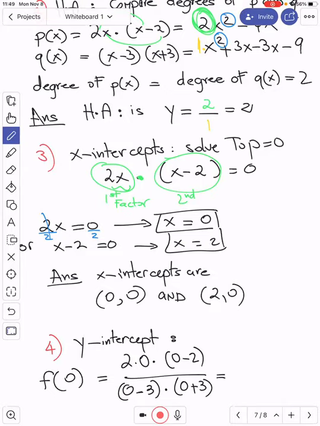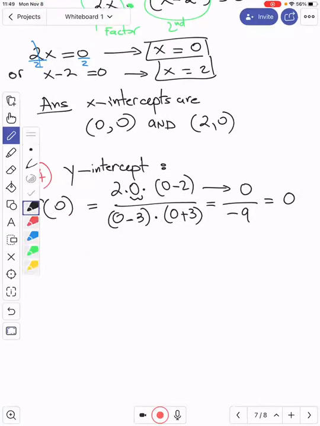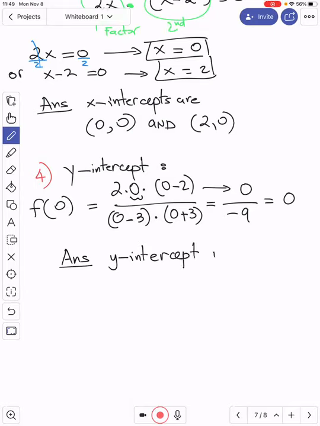Now 2 times 0 times whatever is going to be 0, so the top is 0. The denominator is negative 3 times positive 3, so that's negative 9, actually. But anyway, 0 over any non-zero number is 0. So the y-intercept is 0, 0. As you can see, my y-intercept is the same as my first x-intercept.